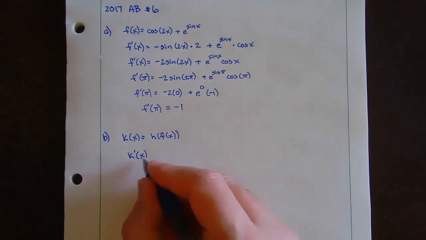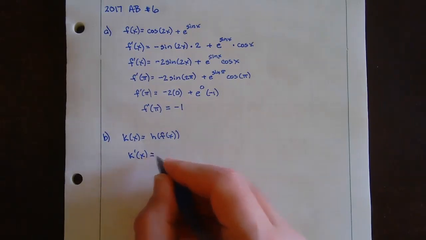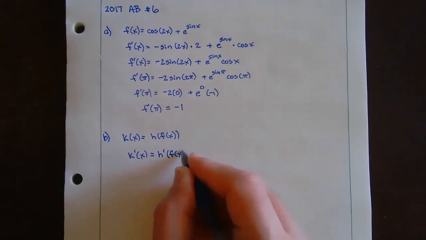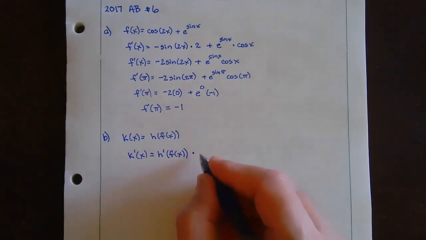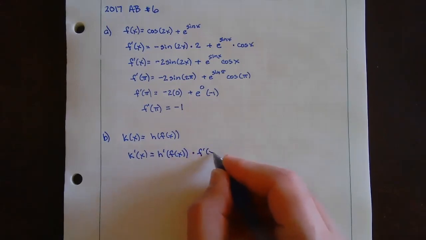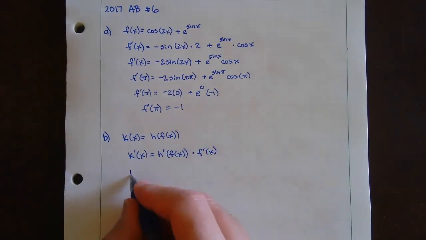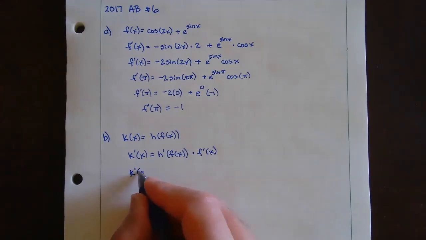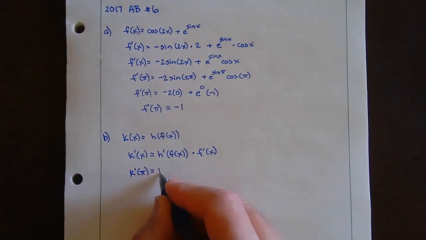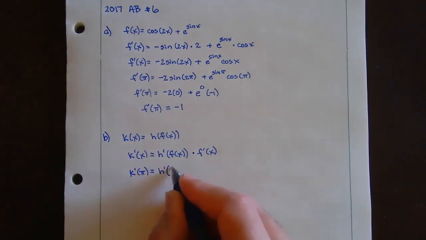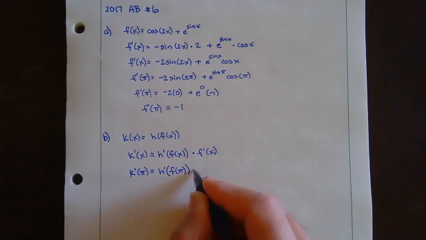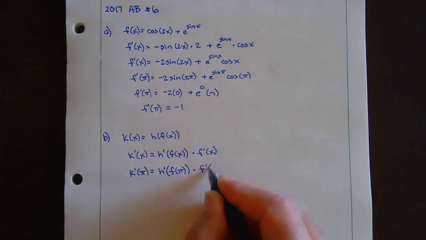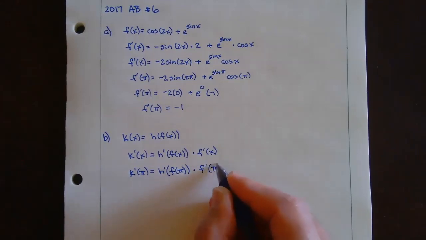So k prime of x is equal to h prime of f of x times the derivative of the inside function, so that would be f prime of x, okay? So k prime at pi would be equivalent to h prime of f of pi times f prime of pi.